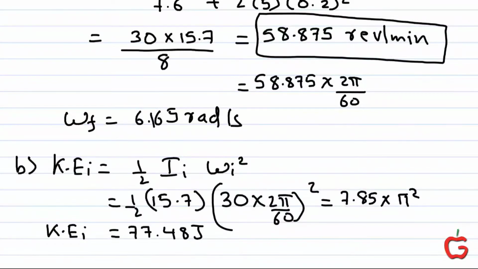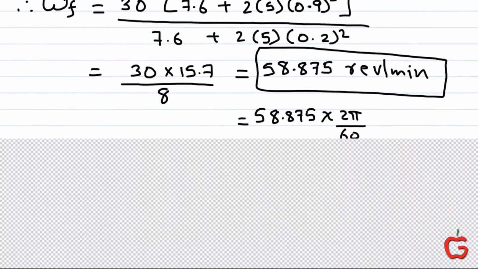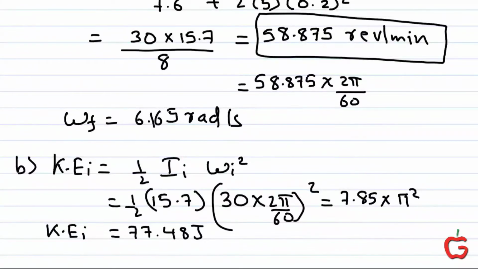For final kinetic energy, we'll have to repeat this procedure but with the final values. So the final omega is this thing, 6.165, and the net moment of inertia is this. So the denominator, 7.6 plus this thing, is 8. This is the final moment of inertia. So for final kinetic energy, we have to do half final moment of inertia times final omega squared.